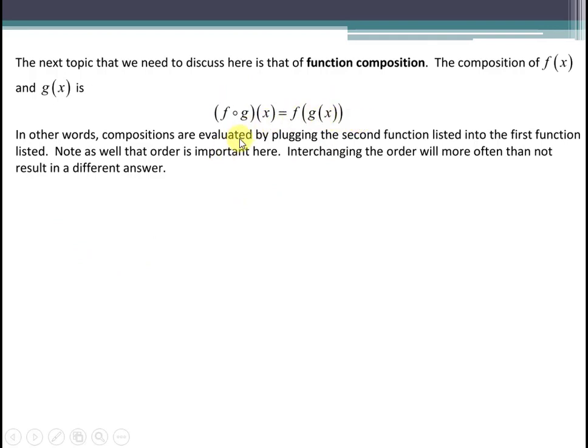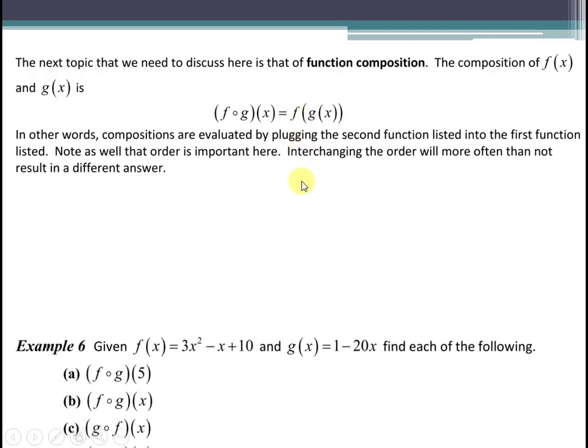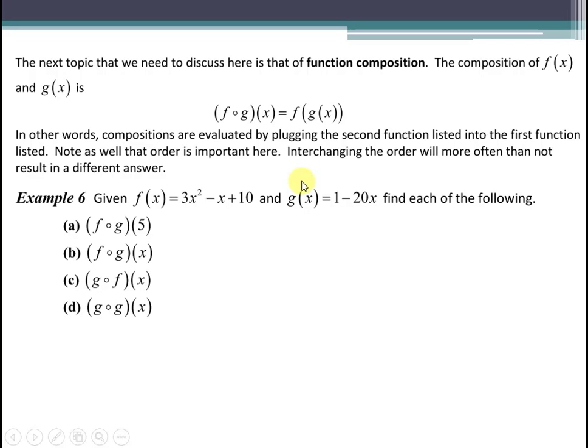So we should plug the second function into the first function. Example: given f of x and g of x, find each of the following.